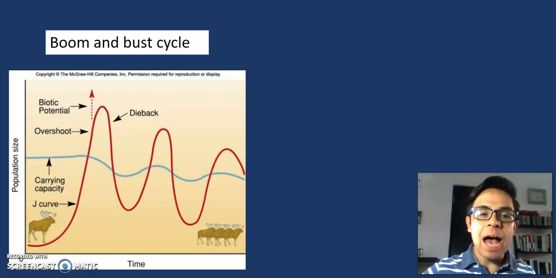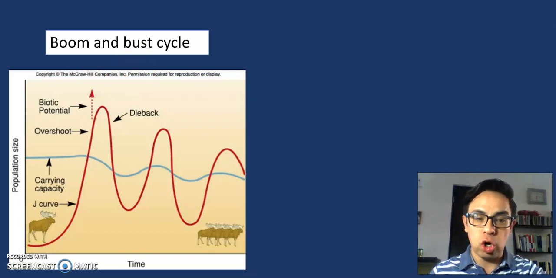Now, because of this population overgoing the carrying capacity, finishing with the resources that naturally the environment has, the population is going to start to decrease very rapidly. That's why we have this type of curve going down. Now, what I want you to focus your attention on is the level of the population in this period.